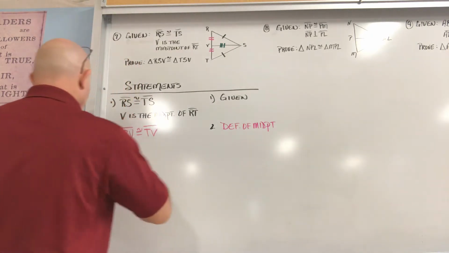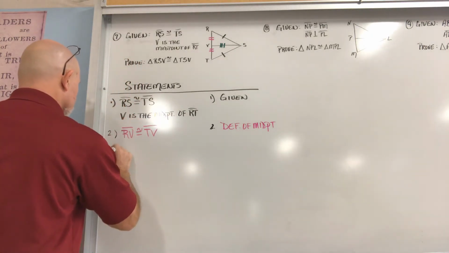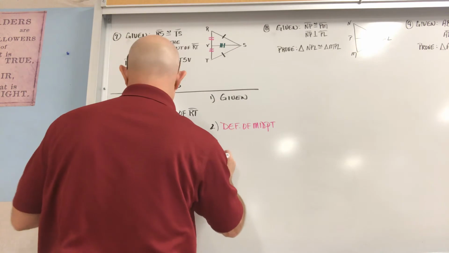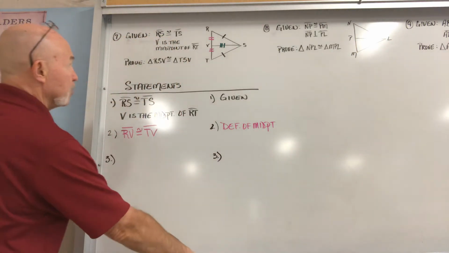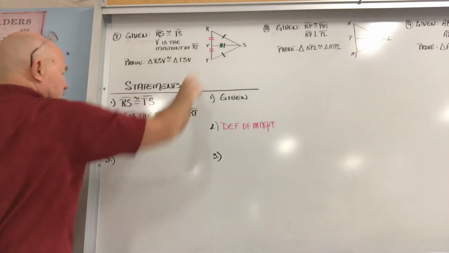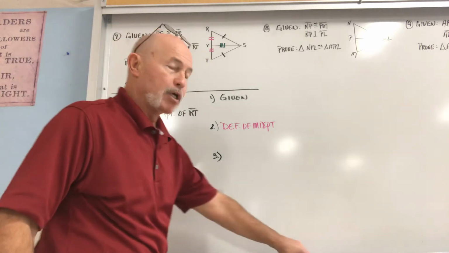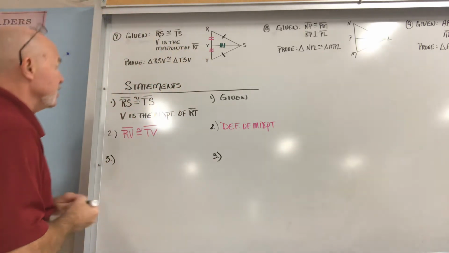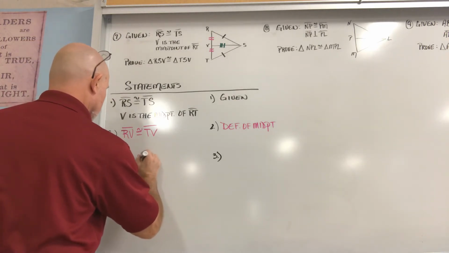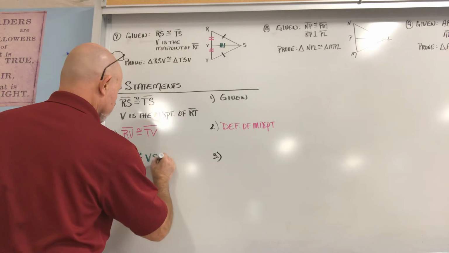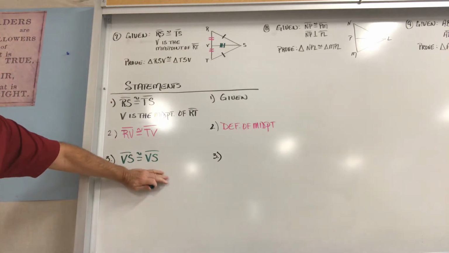Okay? Now, what was the third item we had? Well, we said that this side was common to both triangles, and it is. That's how we write it.